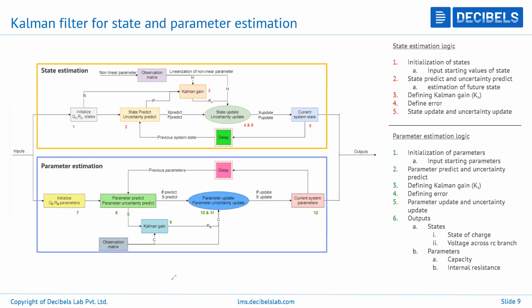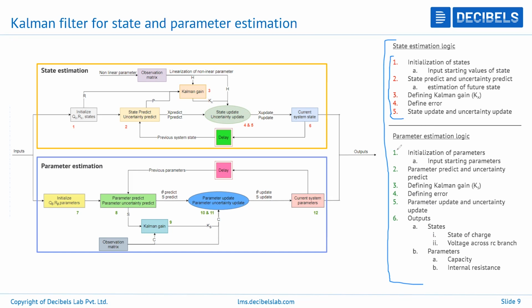Here only the symbols will change, where you have theta and S instead of X and P. X and P are used for state and uncertainty. Theta is used for parameter uncertainty. Okay, here you can see the complete flow. One thing to note is that this entire set of steps will run simultaneously. They are always running parallel to each other. This portion we have discussed is for state estimation.